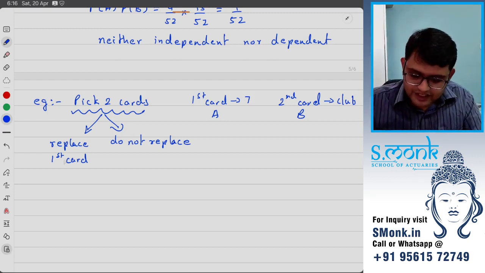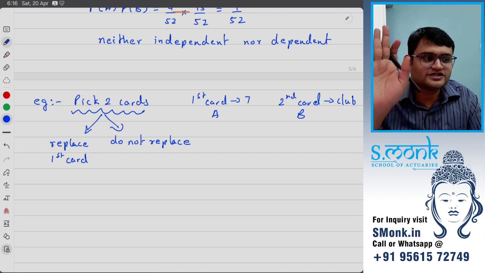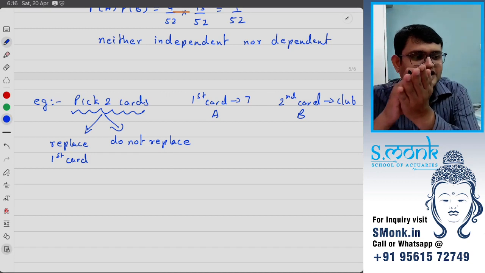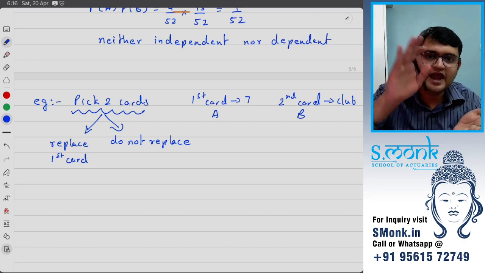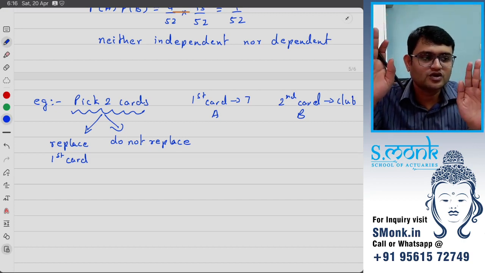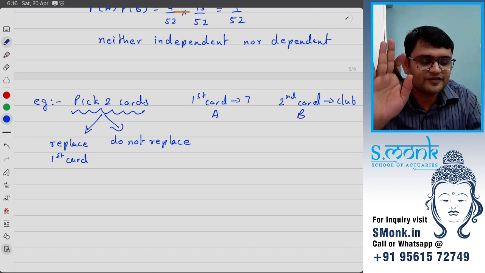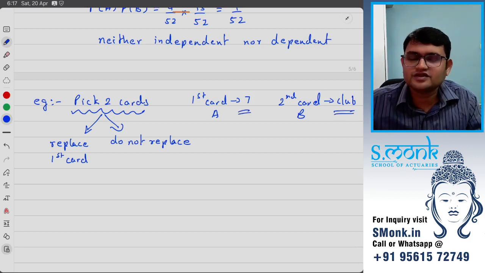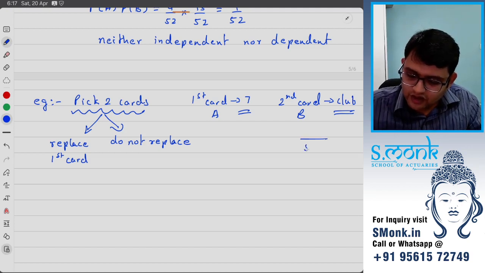If I do not replace, what would happen? When I pick the first card, irrespective of what that is, I pick another card. When I'm picking the second card, I already have the first card in my hand. I did not replace it, and I picked the second card now. In the deck, I had only 51 cards, right? Because I had one card in my hand. So whether it is club, whether it is 7, in the deck there are only 51 cards. So for the second card, my denominator is 51.